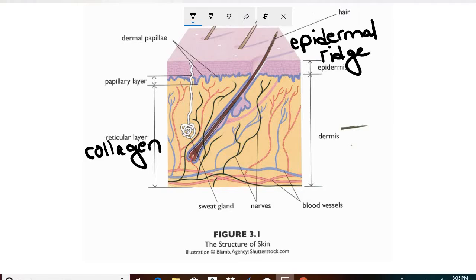And because the collagen goes through the dermis in all different directions, it's dense, irregular. So the collagen is oriented in all directions, and that's what gives skin its strength in all directions. So it's not strong just in one dimension, but it's strong in all of the dimensions because of these collagen fibers that go through it in all different directions.